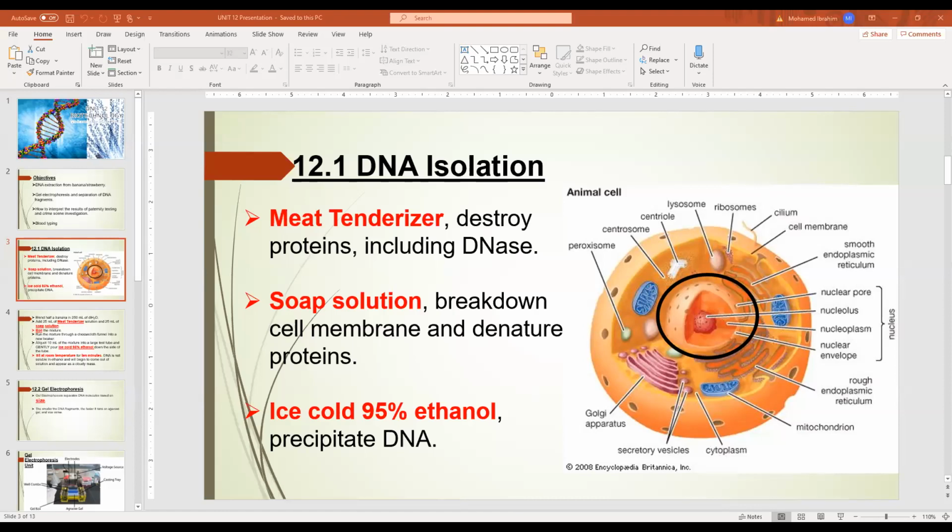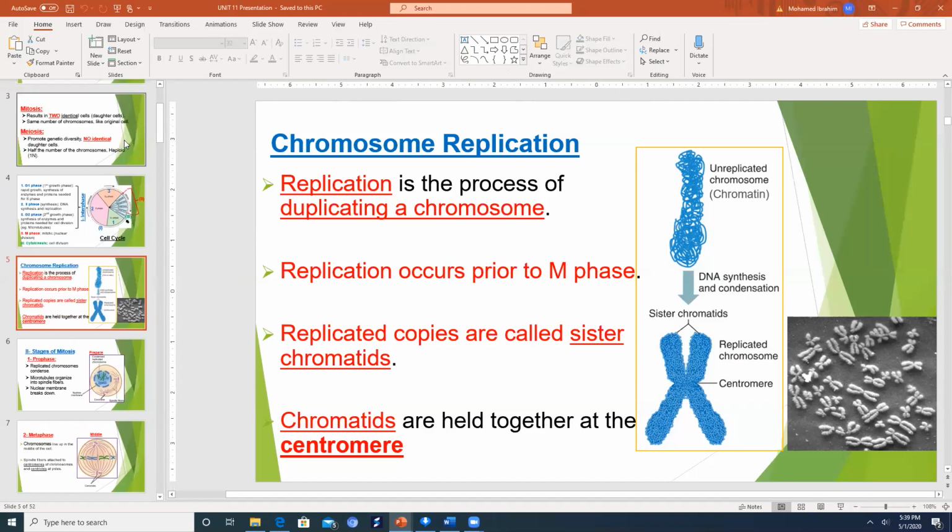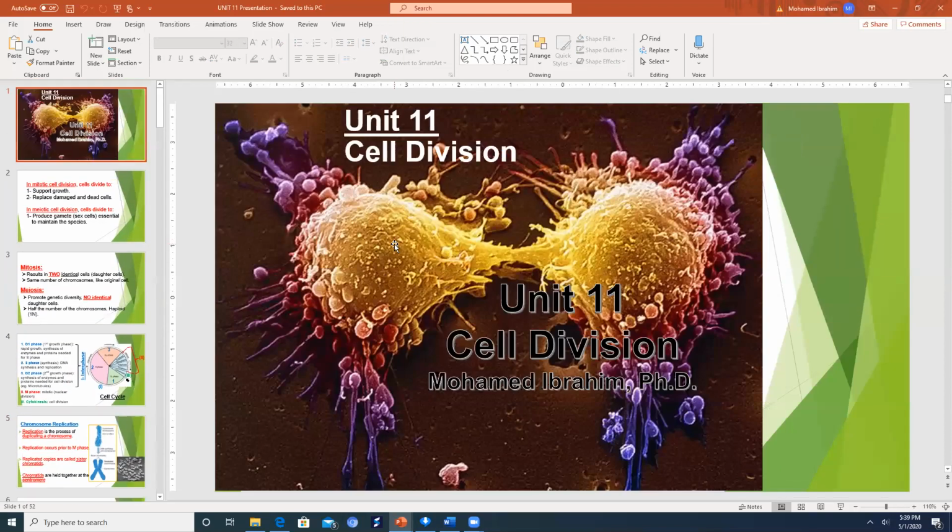I see DNA isolation. Oh, okay, let me, from here, no, I need to stop sharing this and I need to share a new one. Okay, can you see this, like Unit 11 on your screen? Yes, chromosome replication. Okay, Unit 11, cell division. Okay, good. Can you see it?